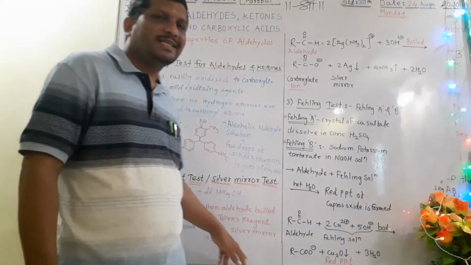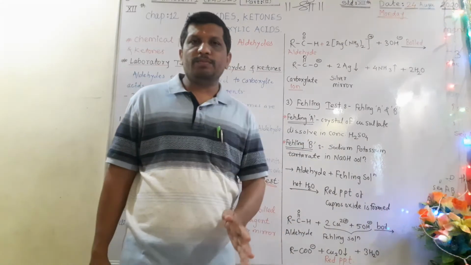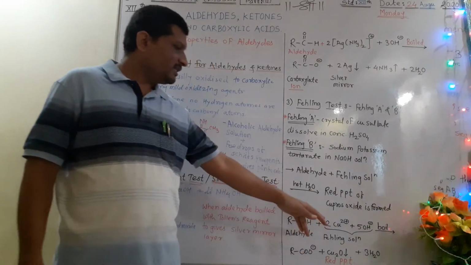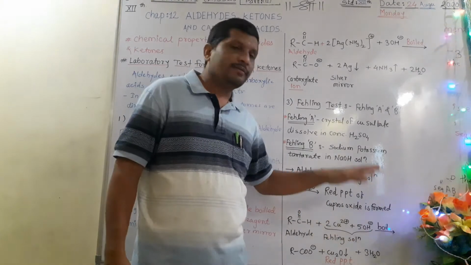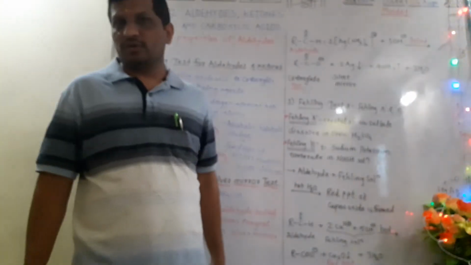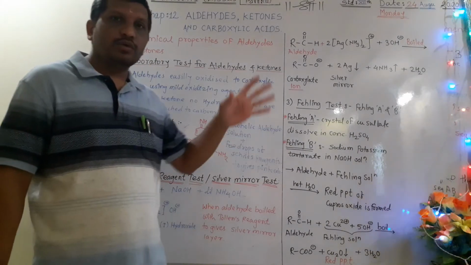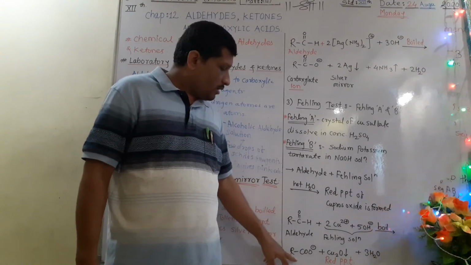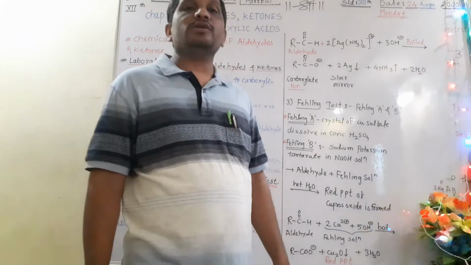This solution is boiled. Aldehyde reacts with 2 molecules of Cu2+ and 5 molecules of hydroxide. This is Fehling's solution, Cu2+ with 5 hydroxide, which reacts with the aldehydic group, and this solution is boiled to give the carboxylate ion plus cuprous oxide.